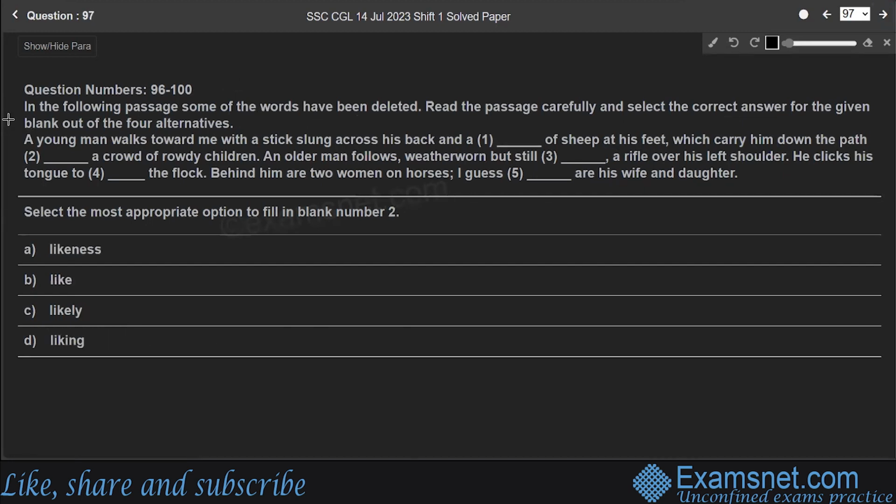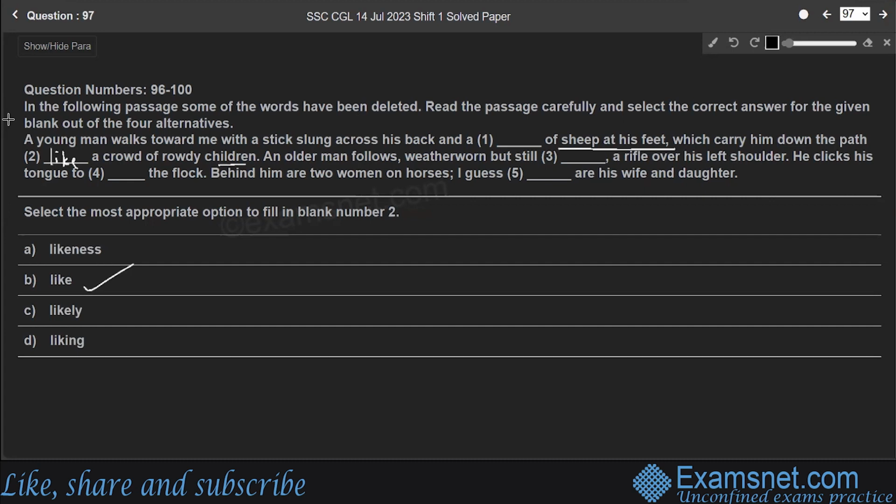Question 97, right? So, of sheep at his feet, which carry him down the path, dash a crowd of rowdy. So, here, like a crowd of rowdy children. So, option B is the right answer. Like a crowd of rowdy children, because the preposition like is used here in comparisons to compare one thing with another or to illustrate similarity, right?